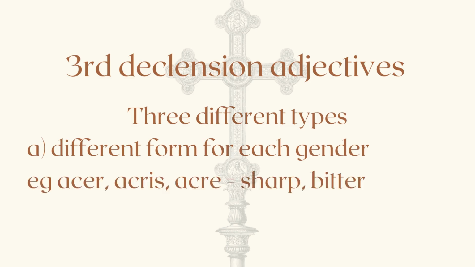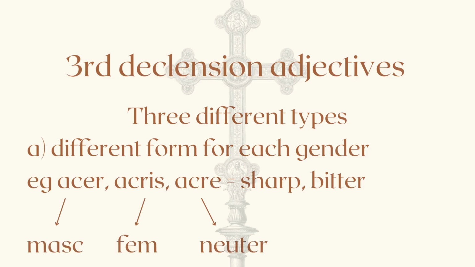For example, acer, acris, acre, meaning sharp or bitter. This isn't part of your vocabulary, but I've used it here as an example since none of these adjectives are found in our prayers. Even though this type resembles a first and second declension adjective, it can't be confused with those because it doesn't have the us, a, um endings.